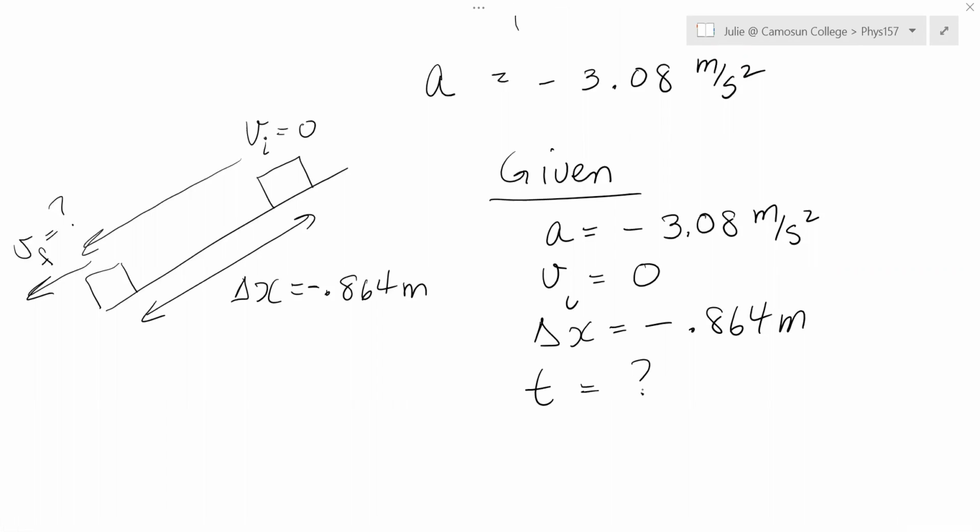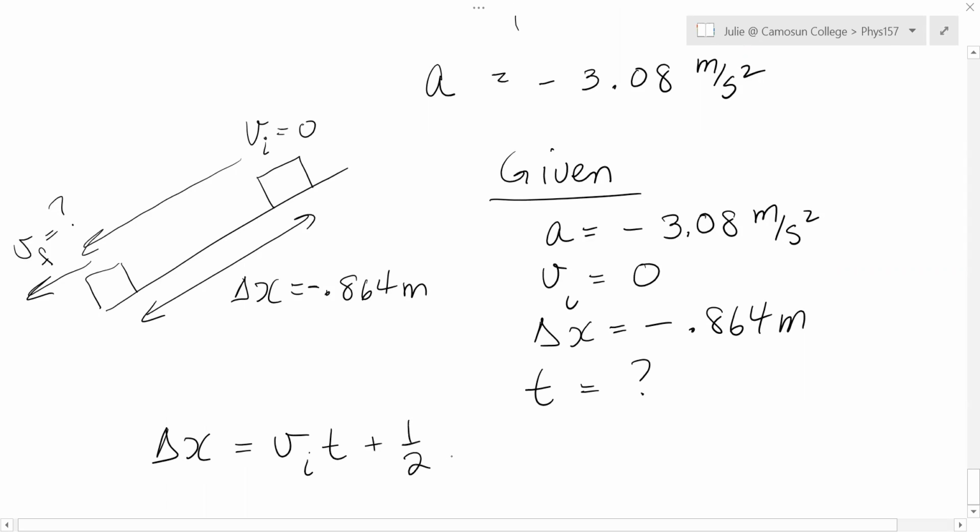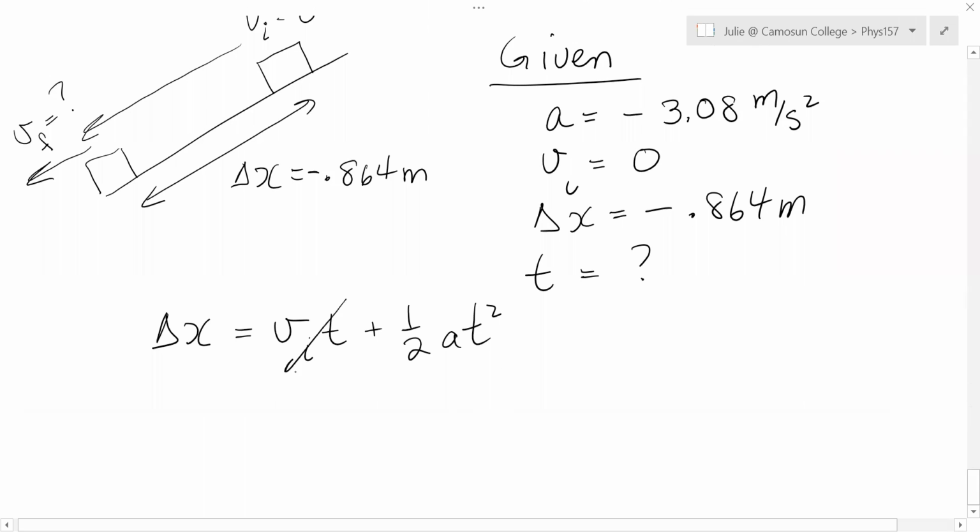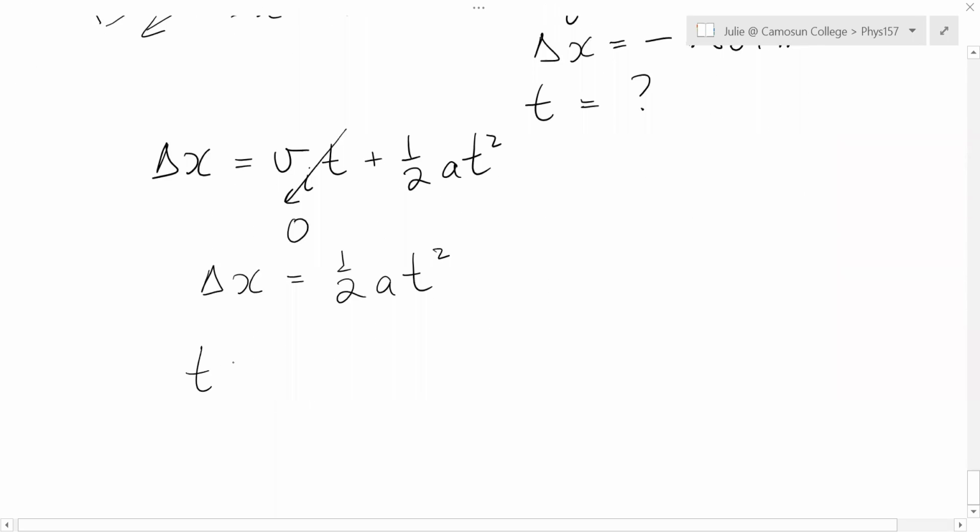So what equation should we use? Well, it's not too bad because VI is 0. So if we use this one, VIT plus 1/2 AT squared. If VI is 0, this is not a quadratic, so this is okay. So delta x is 1/2 AT squared. And so T is the square root of 2 times delta x divided by A.